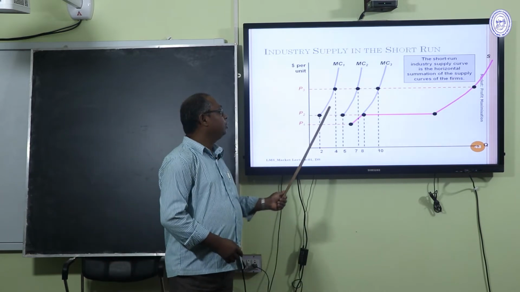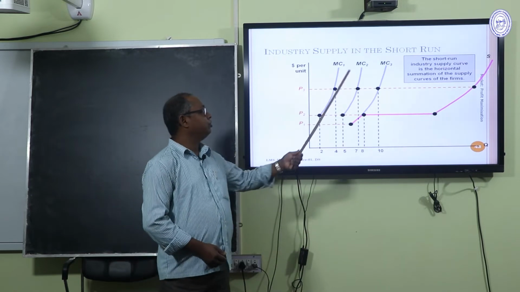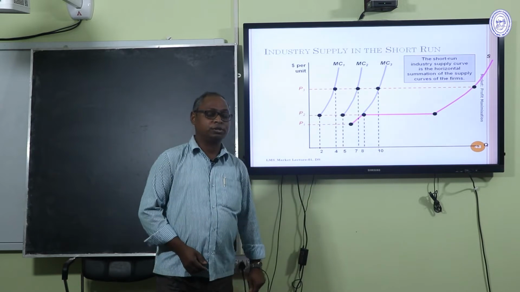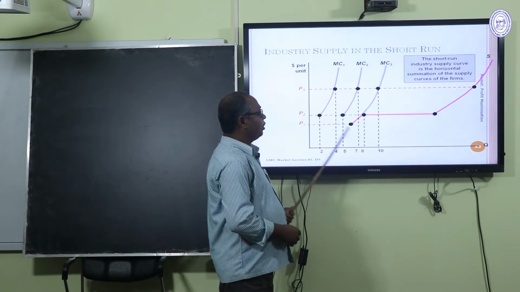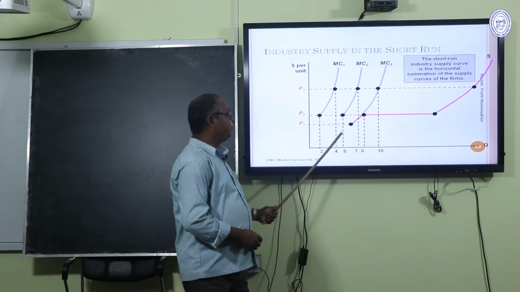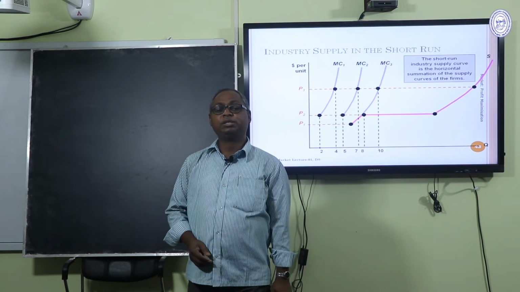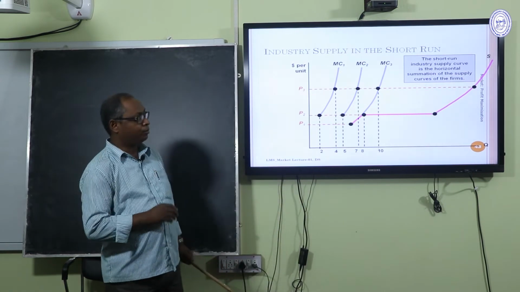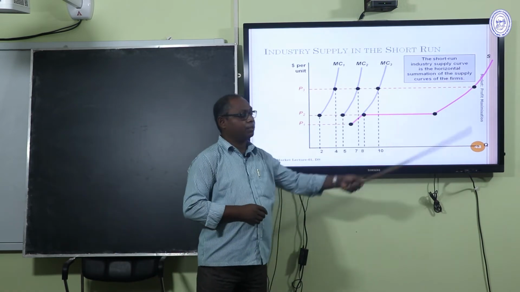Here MC1 is the short-term supply curve of firm 1, MC2 of firm 2, and MC3 of firm 3. If we add them up horizontally, then the bold line is the horizontal sum of all existing short-term supply curves of firms, and hence we have the market supply curve.